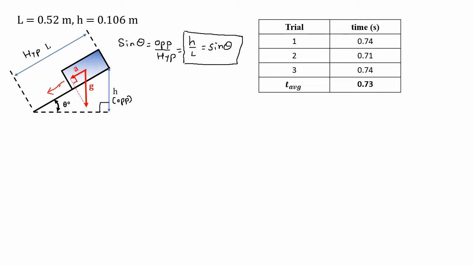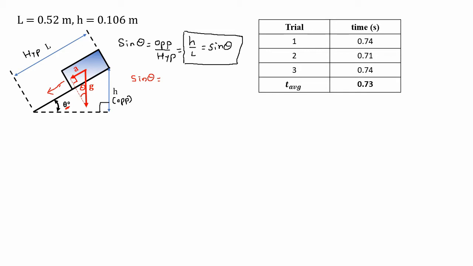Okay. Now with a little bit of trig, we will realize that the angle theta here is the same angle theta here. So we can write down sine theta, which we know is opposite over hypotenuse, opposite to that angle theta in the little red triangle.